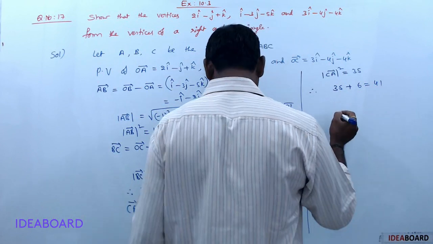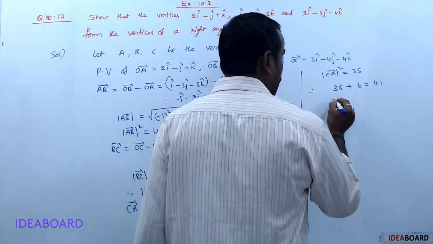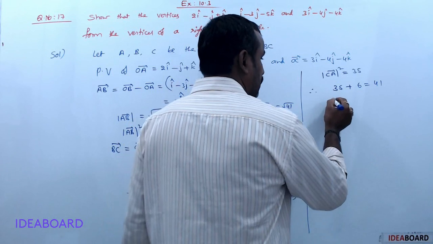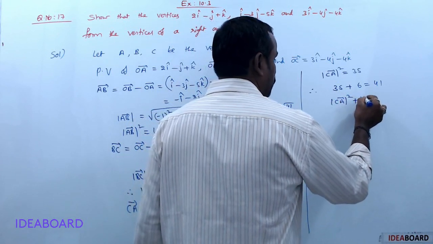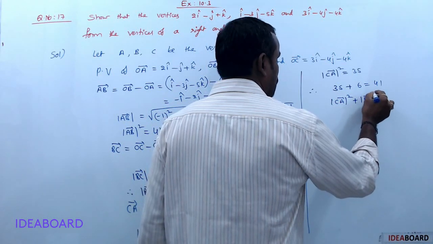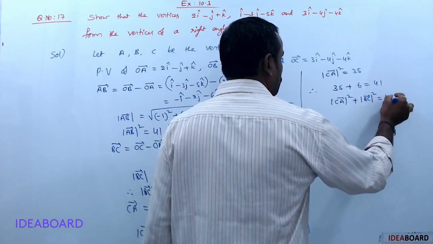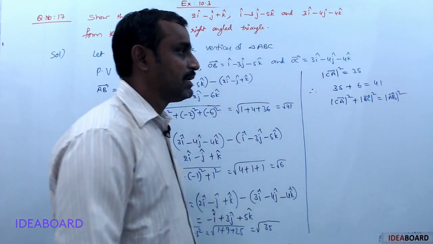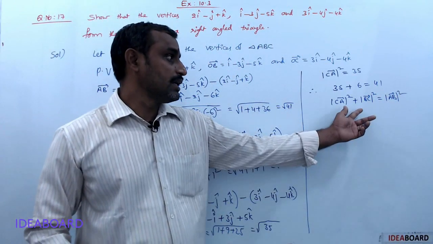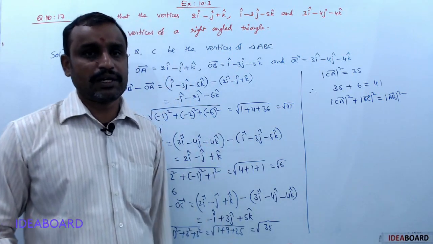So magnitude of CA bar whole square plus magnitude of BC bar whole square is equal to magnitude of AB bar whole square. Therefore Pythagoras theorem exists between the sides.